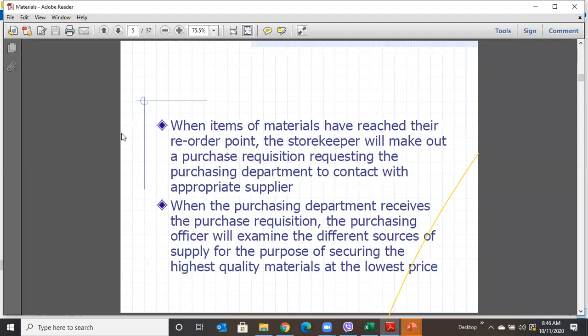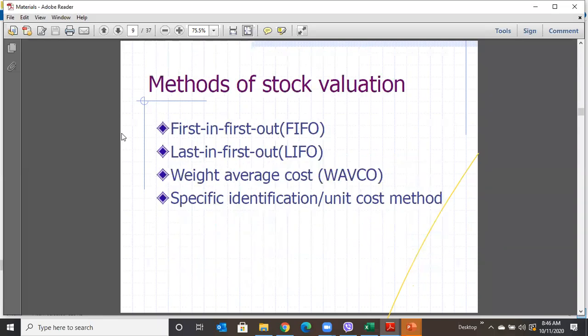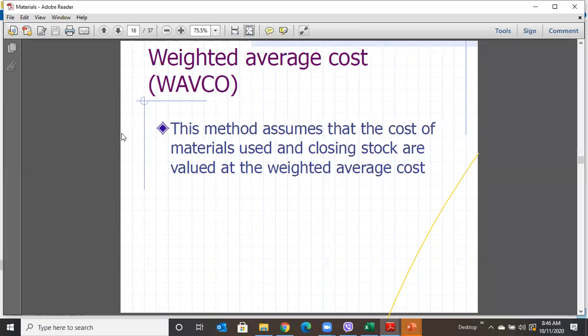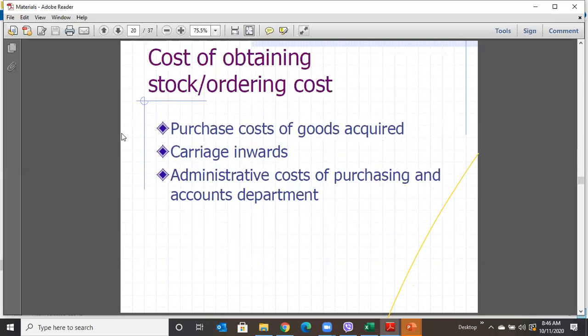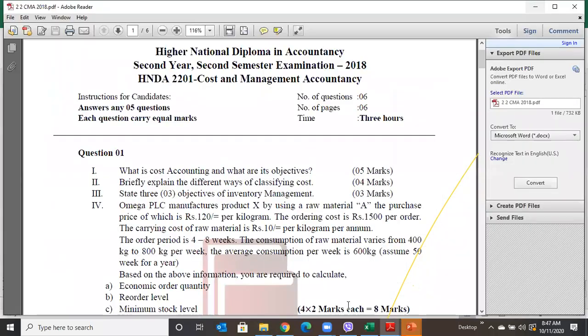We discussed material control procedures and pricing methods. In the classroom, I discussed these.